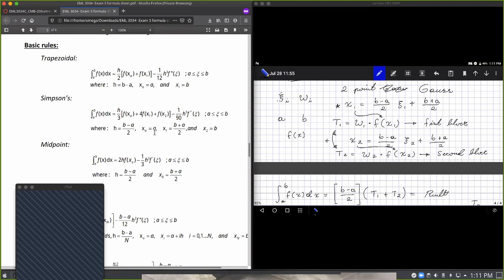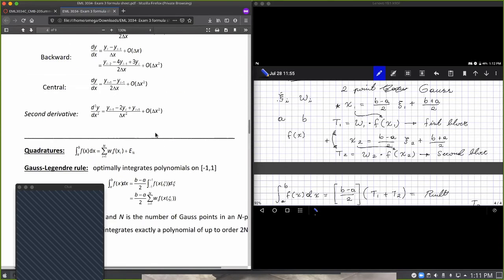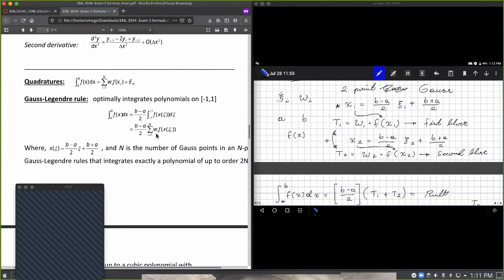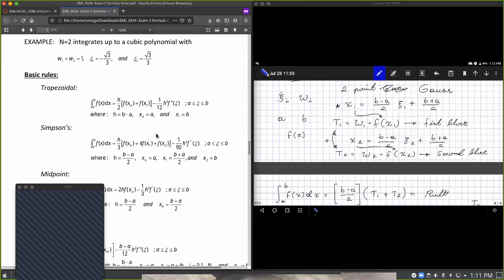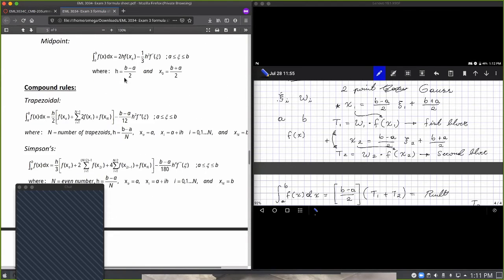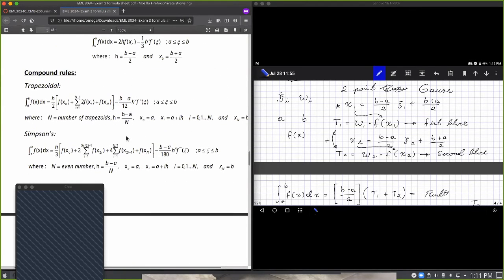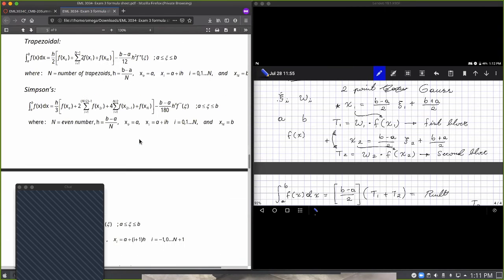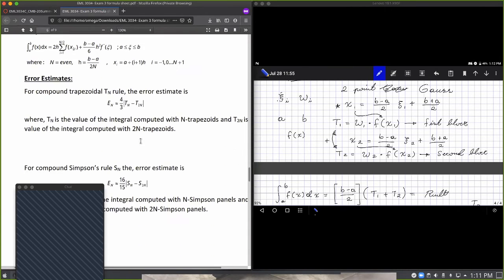So that was more of a do-it-yourself example. Yeah, the examples on the formula sheet are crap, so I will not rely on those. But yeah, basic rules, compound rules. Make sure you definitely know how to do the compound rules. Error estimate, this you absolutely need. You will be using this in one of the questions for compound trapezoidal.